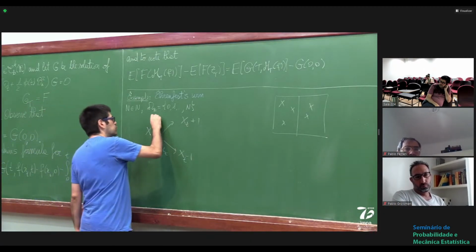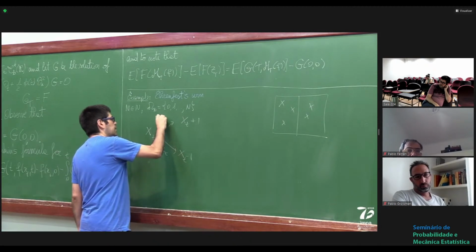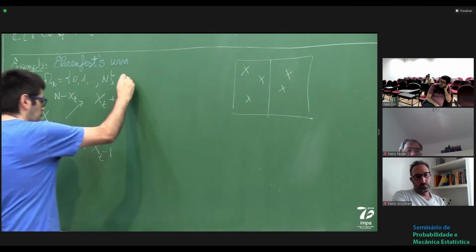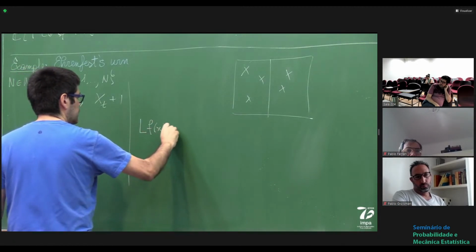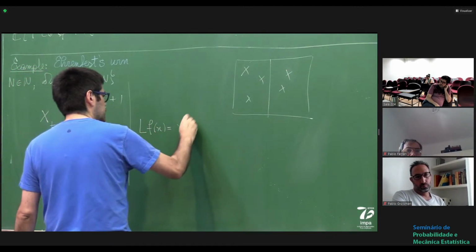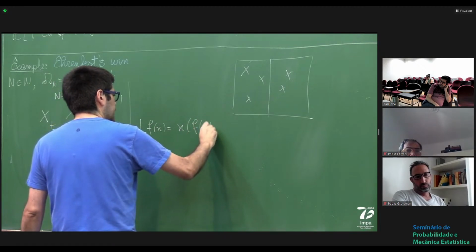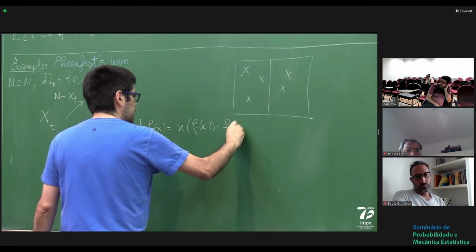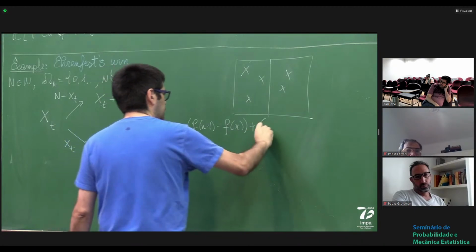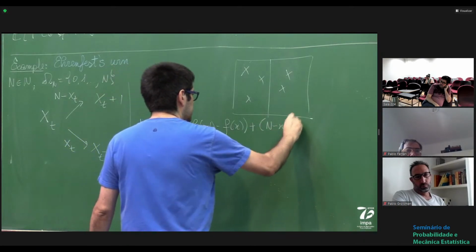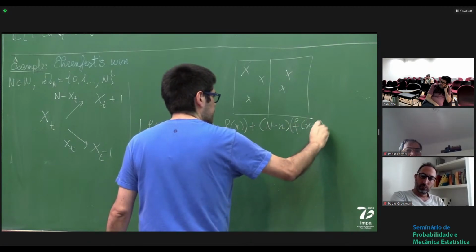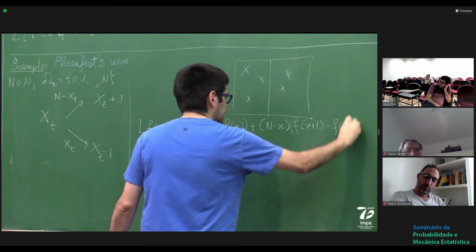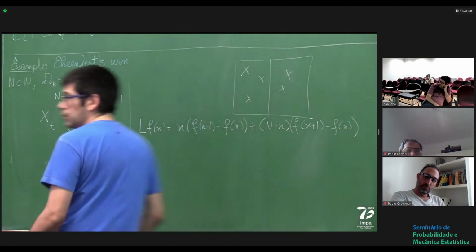And then it goes to Xt plus 1 with rate n minus Xt. Okay? So that means that the generator is equal to this number here.